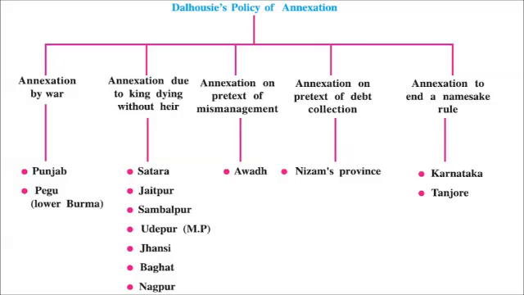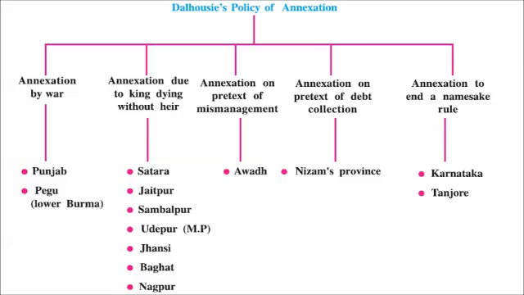And here the first one you can see is he annexed Punjab and Pegu by waging a war. Then in the second part you can see that Satara, Jaitpur, Sambalpur, Udaipur in MP, Jhansi, Bhagat, Nagpur, these all were annexed due to the king dying without an heir.